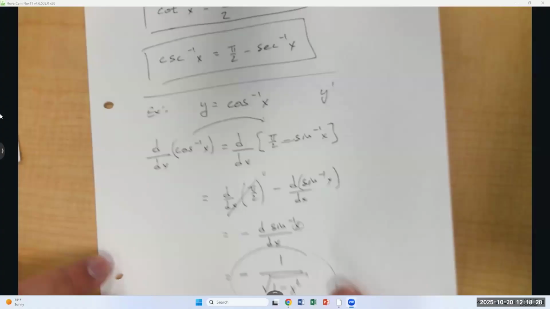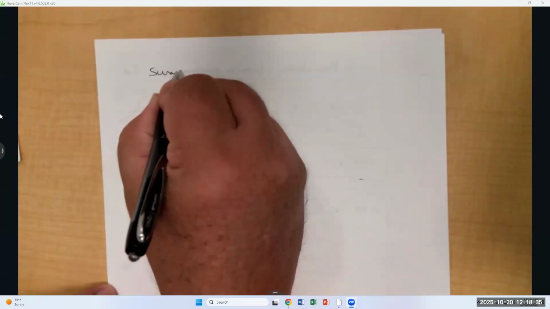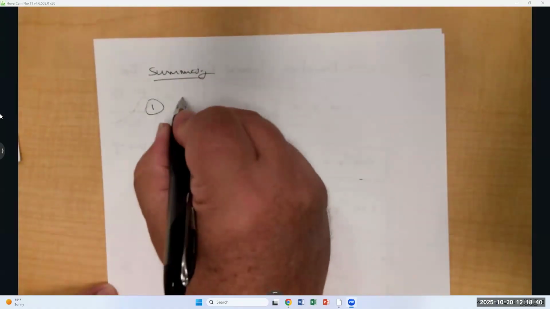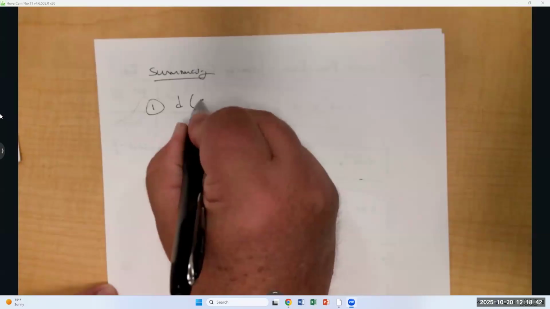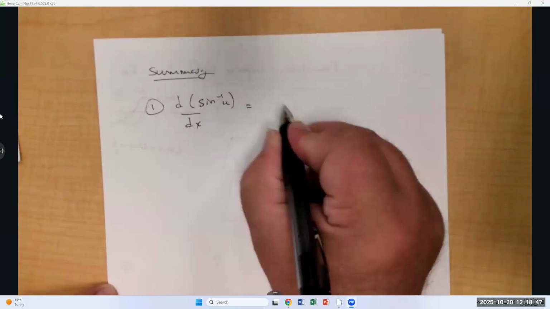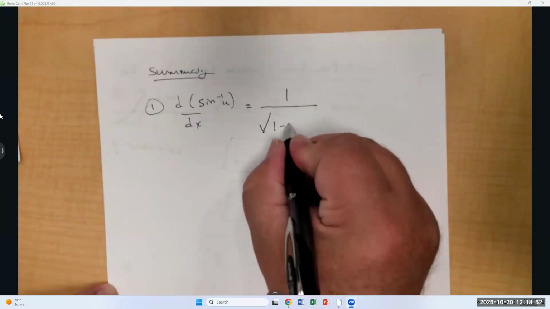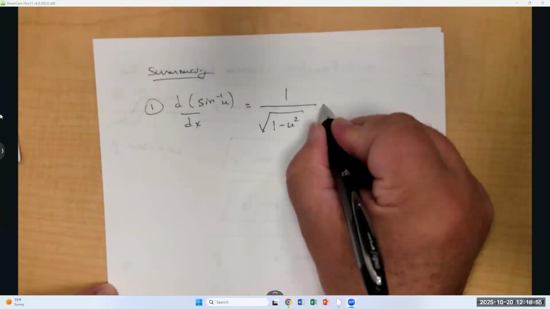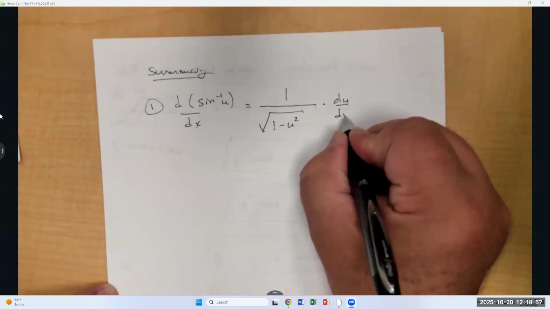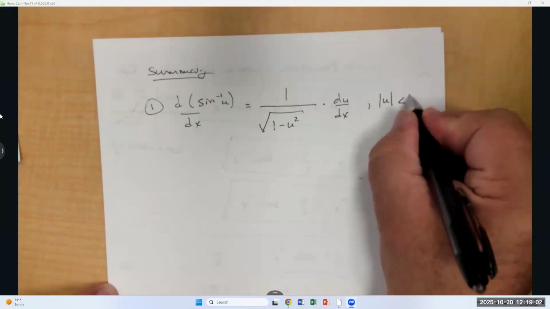So in summary, the derivative of the inverse of sine is equal to 1 over the square root of 1 minus u squared times du/dx, where the absolute value of u is less than 1.